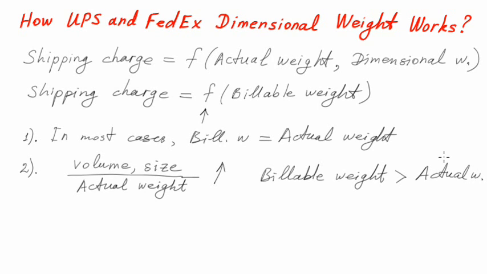In other words, let me use blue ink. Billable weight is a function, let me call it F1, of actual weight.